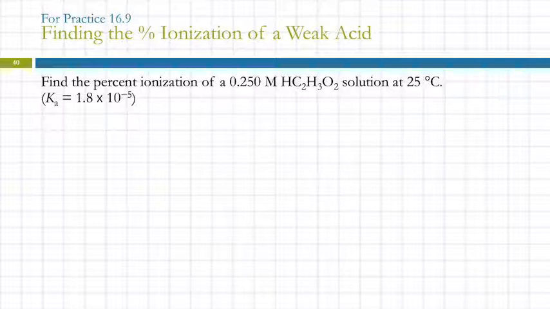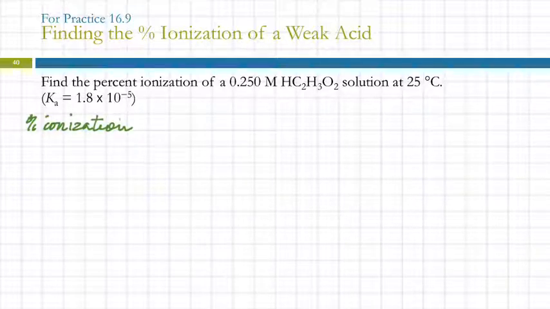So percent ionization, that's what we're trying to find, and we need to know what bits of information we need to calculate that before we just start calculating junk.